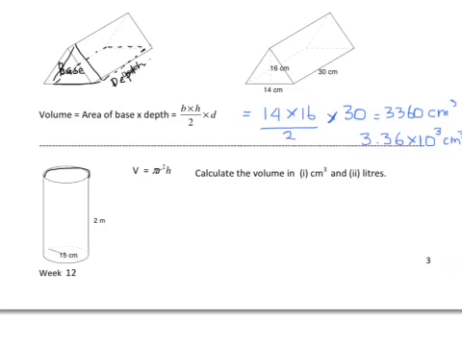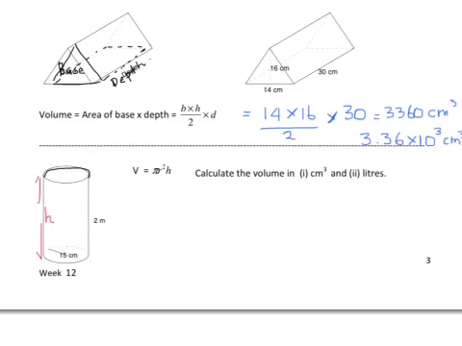Now we have a cylindrical shape which has a base, which is a circle, but straight sides. And we think of the length of the side as the height of the cylinder.